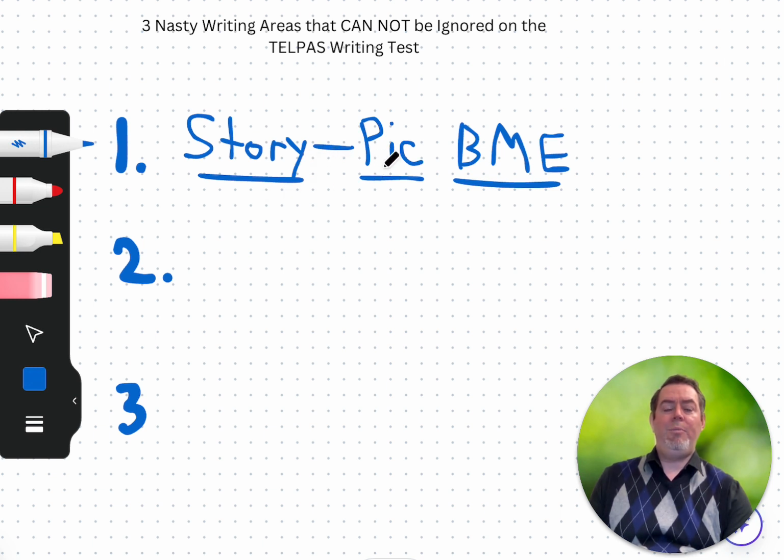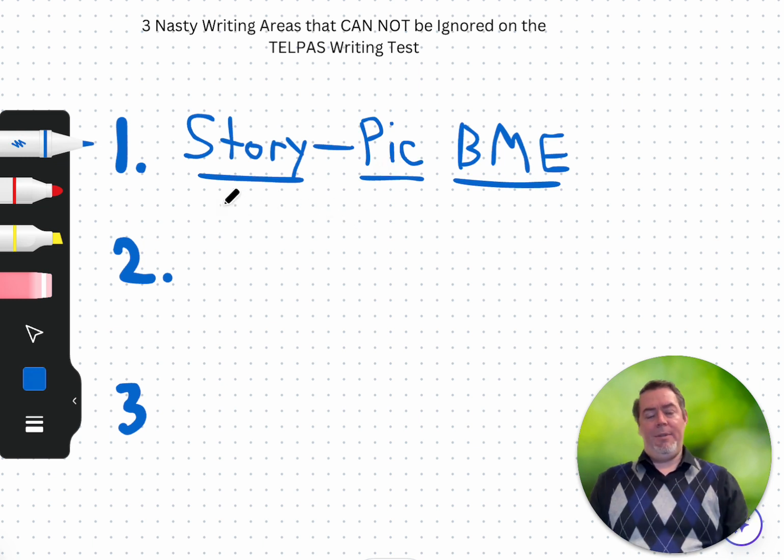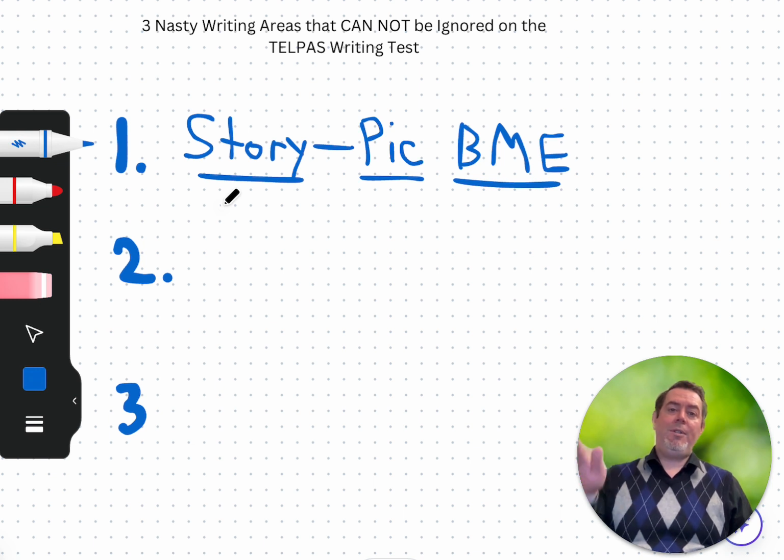But you play around with these beginning, middle, and end, and you provide them with the opportunity to write a story using pictures. And on the TELPAS test, they will give them very specific directions, like, for example, talk about a problem, talk about the characters, talk about how the problem was solved. They might even have 2 different sets of directions where they tell them, okay, we want you to write an order from the beginning to the end, or we just want you to explain the ending.